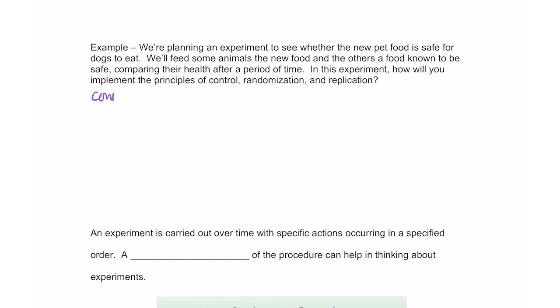Okay, so as far as the control, we'd want to control portion sizes. And then we would also want to reduce possible variability. Some sources of possible variability could be, you'd want the dogs to be in similar environments.